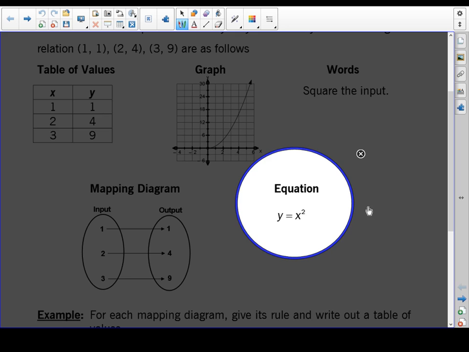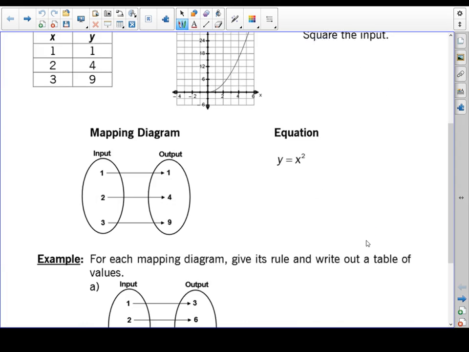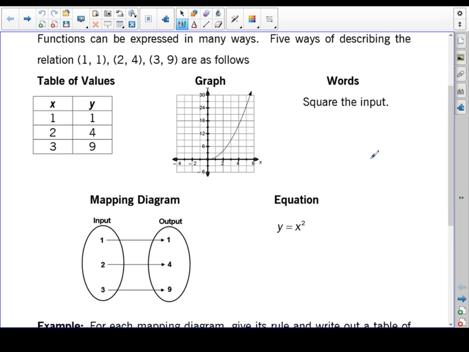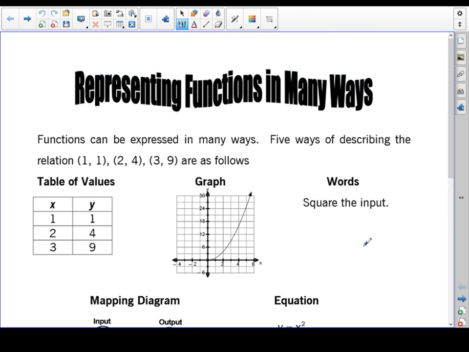Again, that's just a different way of expressing this relation. There's 5 ways of representing this function. And the whole idea is if you're given one of those ways, then you can come up with the other ways. So that's the whole idea of today.